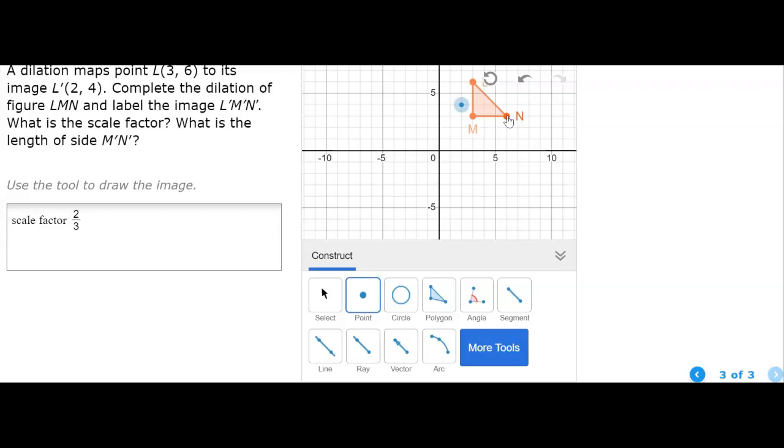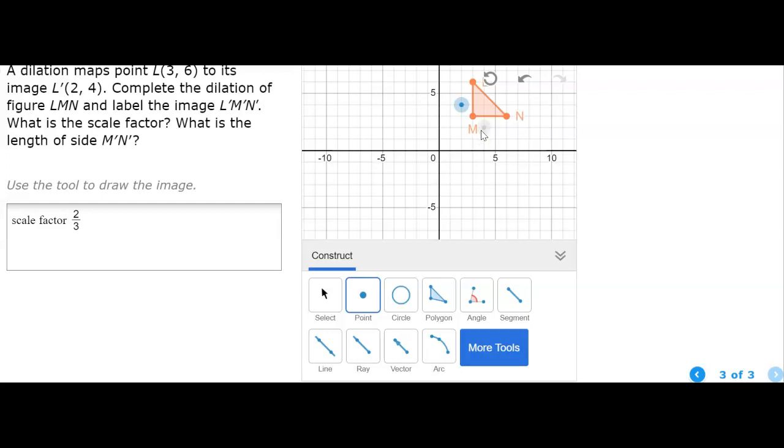So if I take 6 times 2/3, I would get 4. Then 3 times 2/3, that'll give me 2.